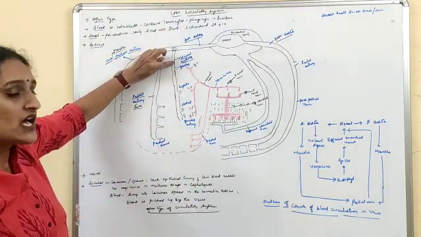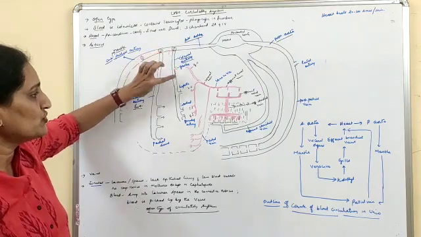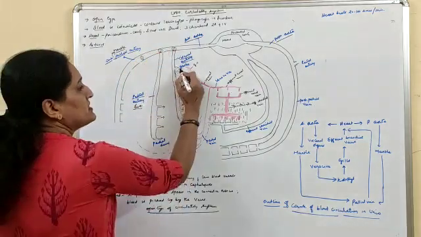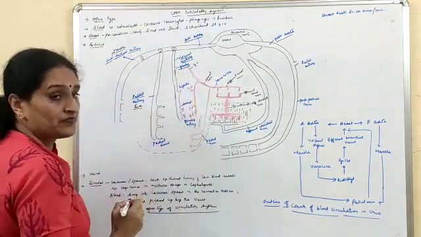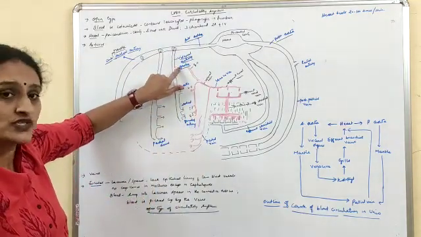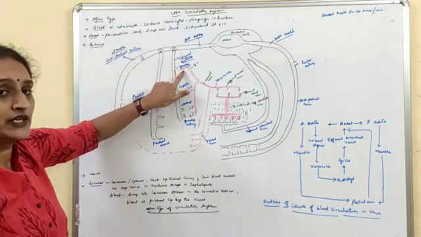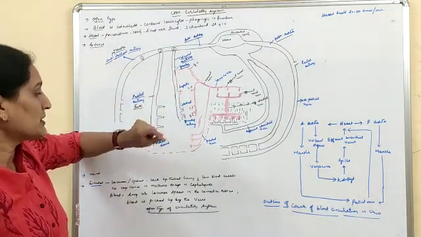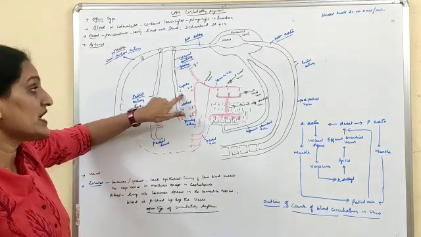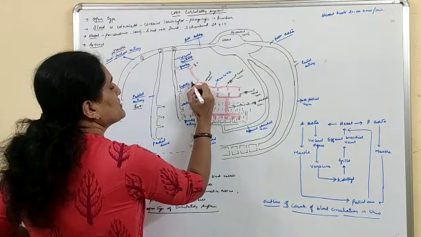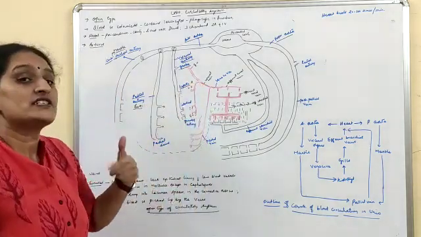Now this visceral artery branches into four main sub-branches. One is the gastric artery. Gastric refers to stomach, and it is called gastric artery because it supplies blood to the stomach. The next one is the hepatic artery. This hepatic artery supplies blood to the digestive gland.